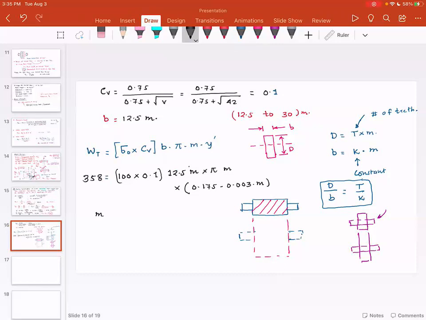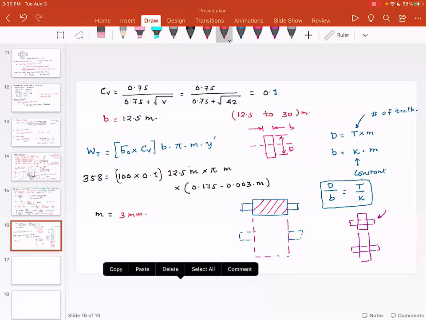So this equation you can solve by trial and error, or you can program this equation in your calculator, and that would give you an answer for M that is approximately 32 millimeters. Oh, sorry. The answer to M is going to be approximately 3 millimeters. And B is equal to 12.5 times 3.